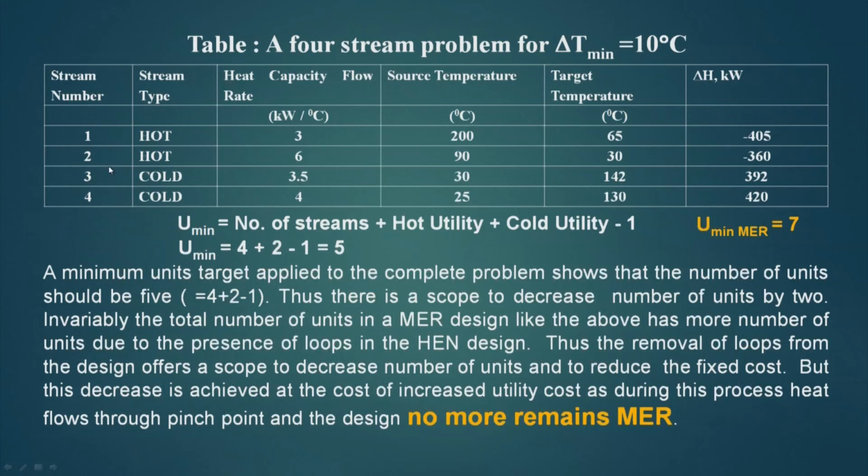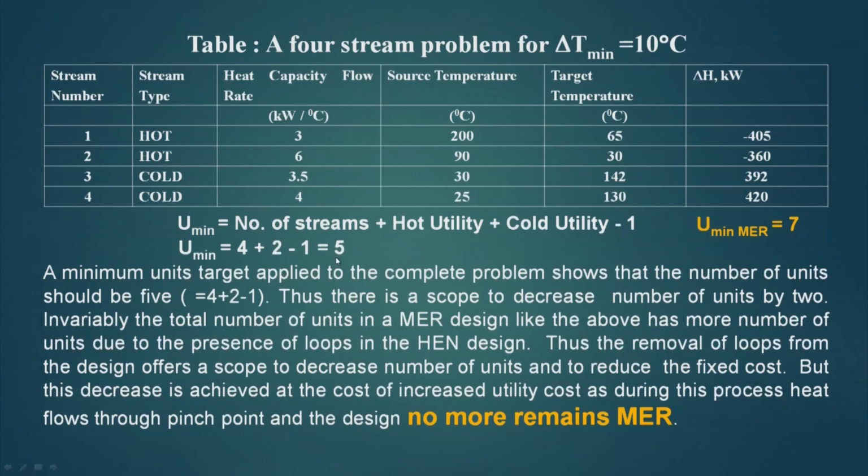Now, if I apply my U minimum criteria to this table, considering that there is no division at pinch, which is a requirement for MER design, then my U minimum comes out to be 5.